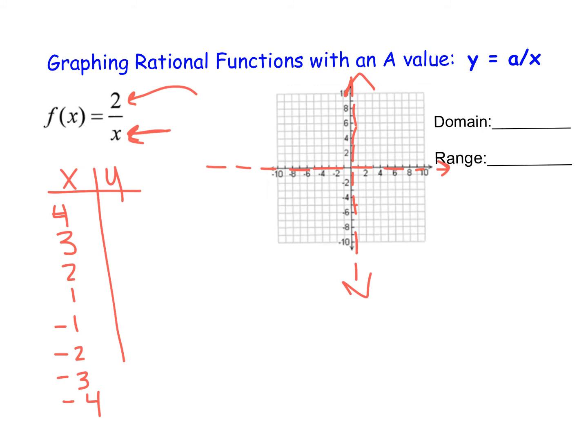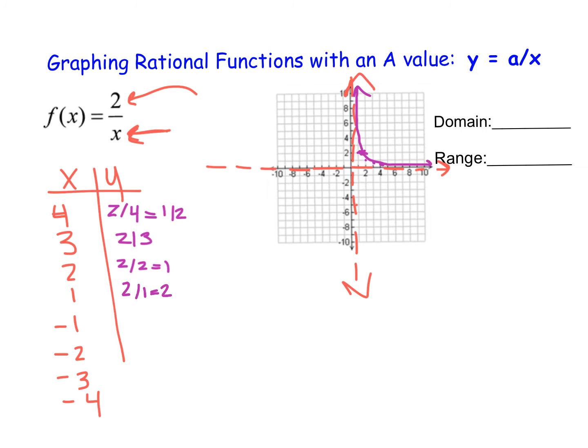So now if I find some coordinate points, I have 2 over 4, which is 1/2, 2 over 3, 2 over 2, which is 1, and 2 over 1, which is 2. So if I plot these out, I have 1/2, 2/3, 1, and 2. So I can see how it starts. It's a little bit different. The points aren't identical, but it has that same general shape.